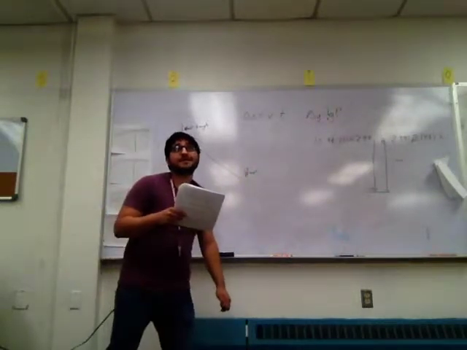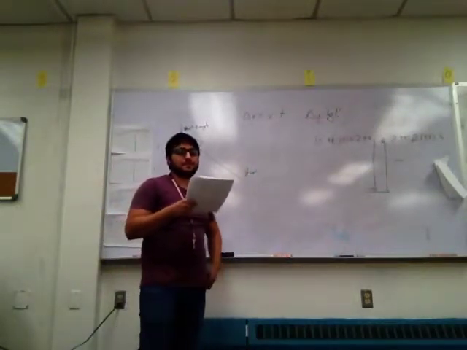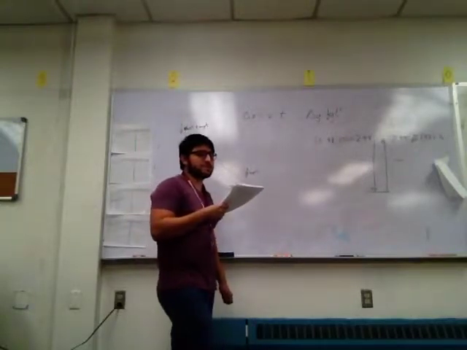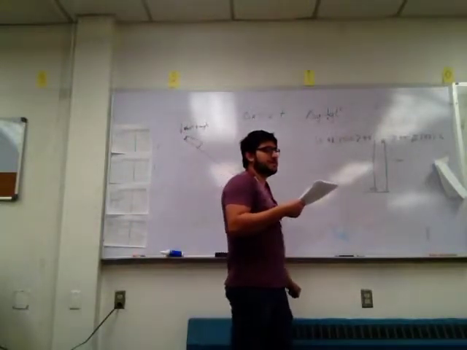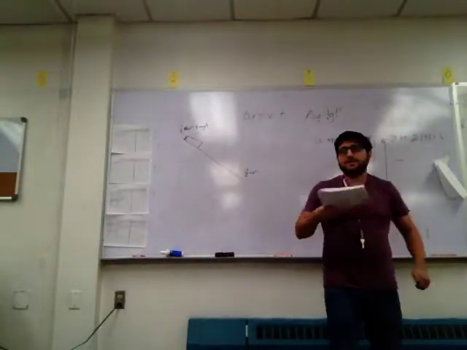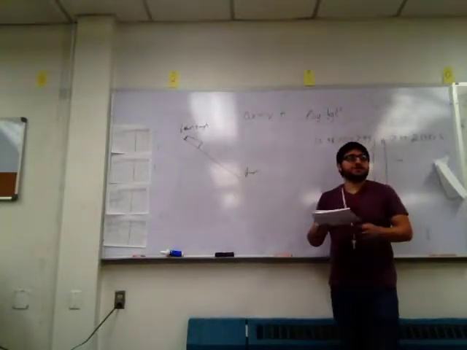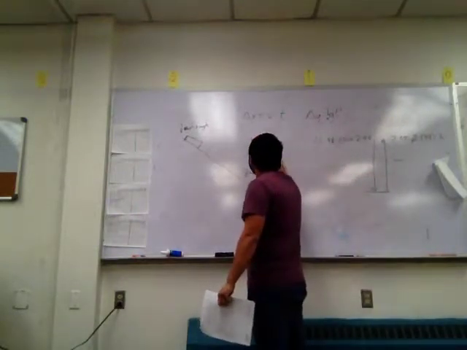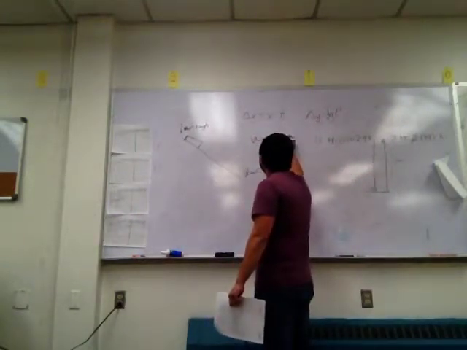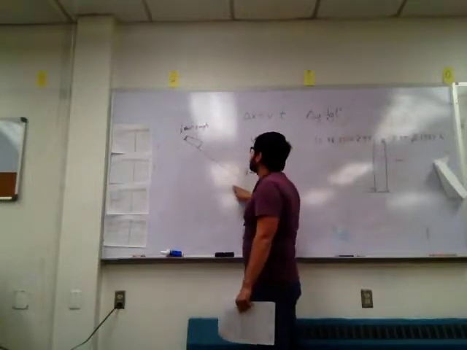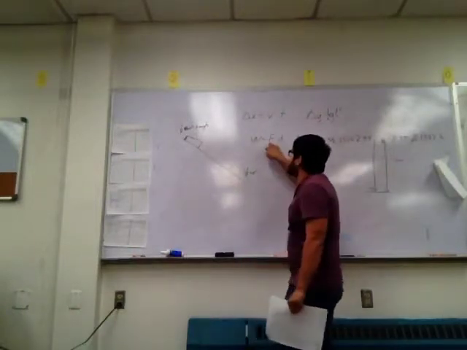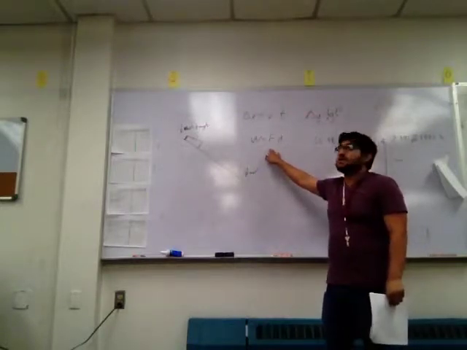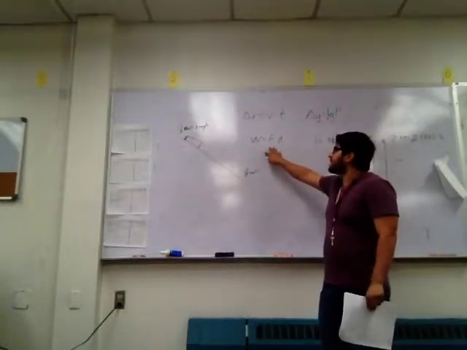By however much energy was lost to friction. That's right. And once we know how much energy was lost to friction, we can do work equals force times distance to find the distance it slid, if we know how to find the force of friction. But I'll come back to that.